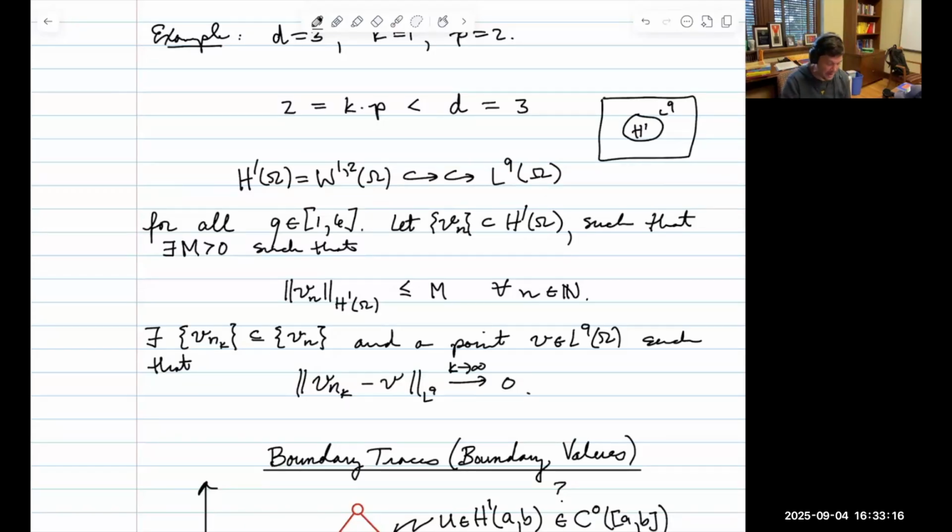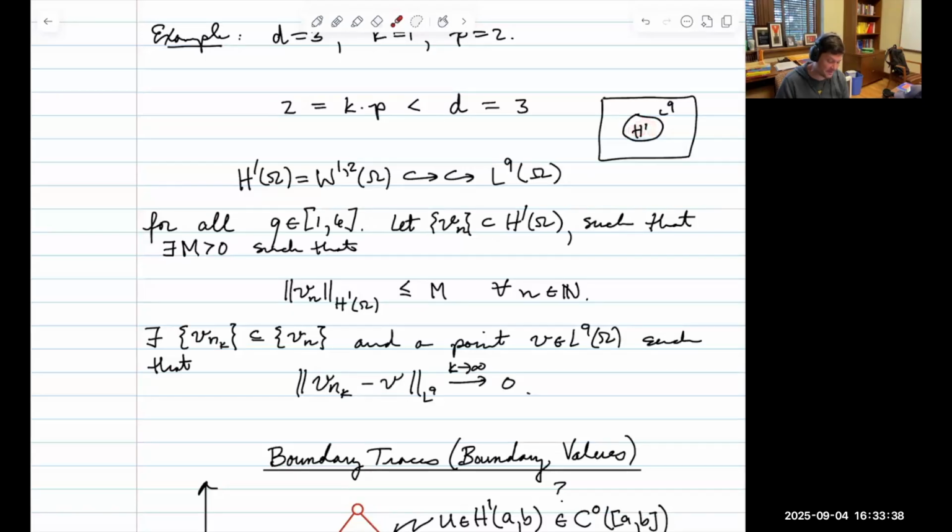So these functions are actually in LQ. They're contained inside. This is my Venn diagram for LQ. Of course, it's an infinite dimensional space, so drawing it as a box isn't really fair, but you get the idea. Now suppose that I have a sequence in here.